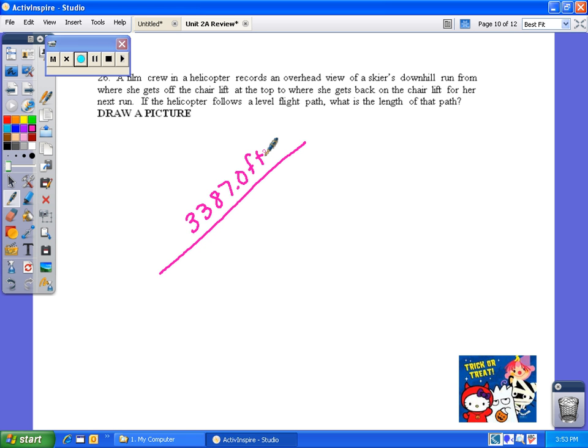If the helicopter follows a level flight path, what is the length of that path? Okay, so if we're talking about the helicopter up here, I cannot draw a helicopter. This is really bad, I'm sorry.